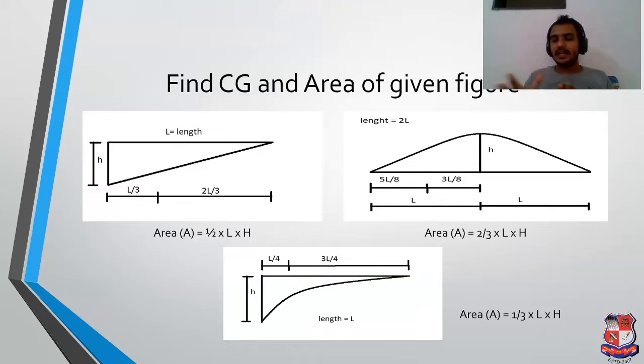You can find the area on the right hand side, L by 3, L into H. The CG is at 3L by 4 and L by 4. Please remember both these equations and values. This whole thing will be used in your examples.